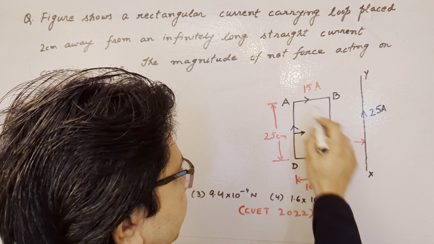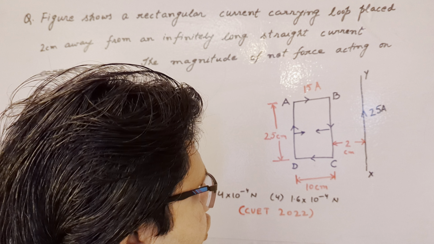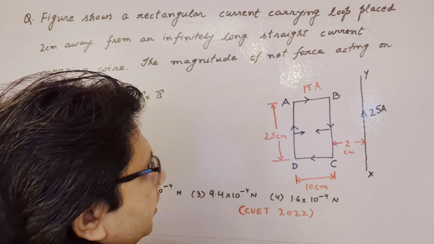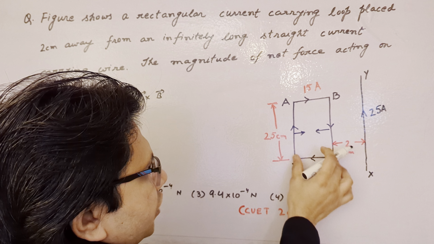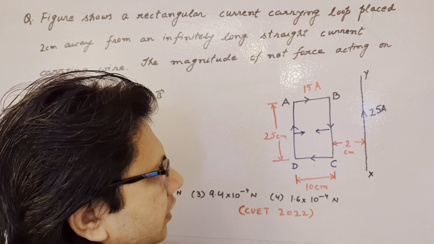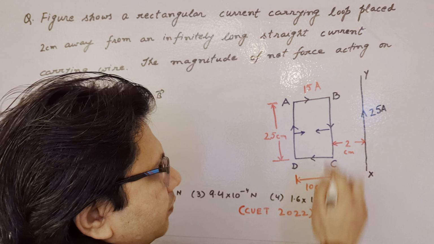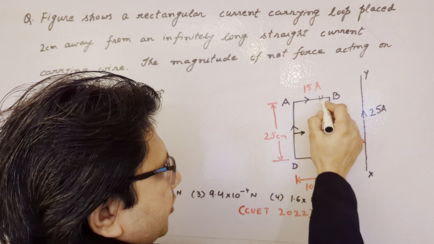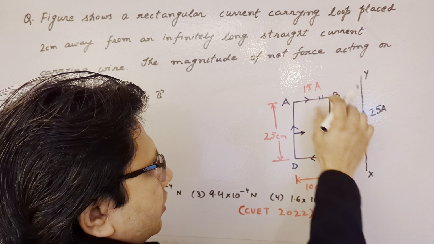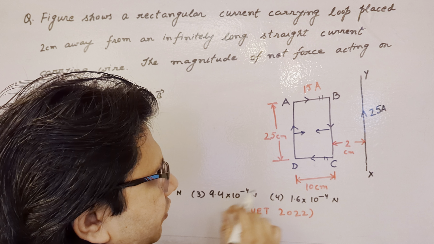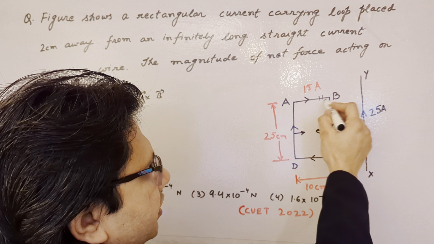Now the segments AB and DC also experience a force, but the forces on these two segments are such that their magnitude is the same, because if we take different segments of these wires, AB and DC respectively, the distance is the same.